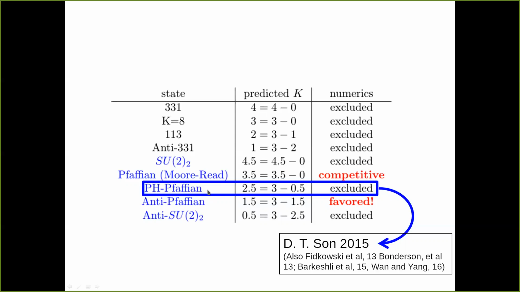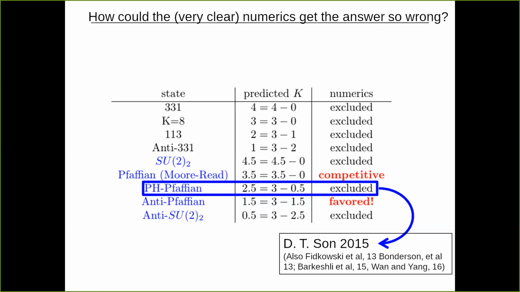Now, how is it possible that our very, very clear numerics got the answer so wrong? The numerics that tell us that the PH Pfaffian is excluded are not subtle. Maybe the numerics that tell us that the Anti-Pfaffian is better than the Pfaffian are fairly subtle, but the numerics that tell you that the PH Pfaffian is terrible are not subtle at all. So how is it that we got the answer so wrong?